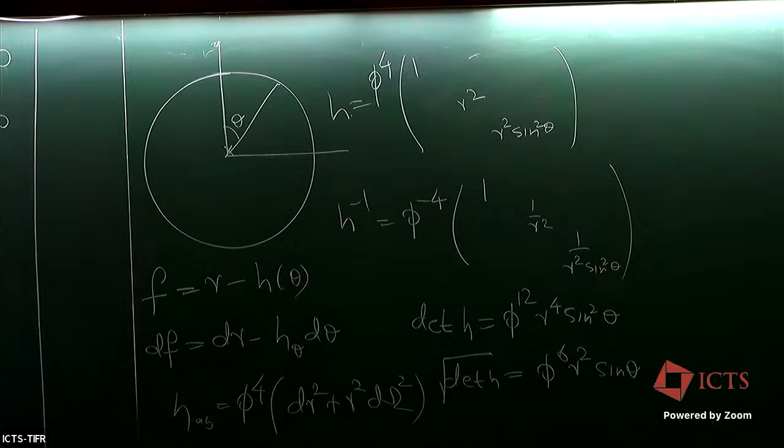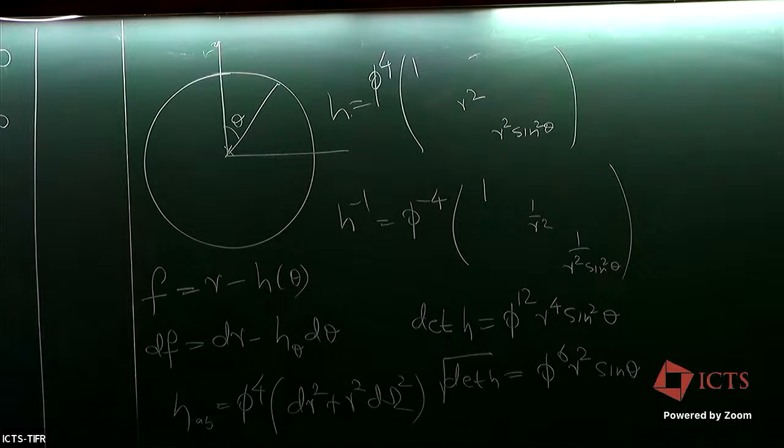Then the norm of df square, let's do the square first, the norm of this guy here. It's just a diagonal metric, so I just need to look at the norm of this and the norm of this. That turns out to be, and you can check the numbers here, phi to the minus 4 times r square plus h' theta square divided by r square.